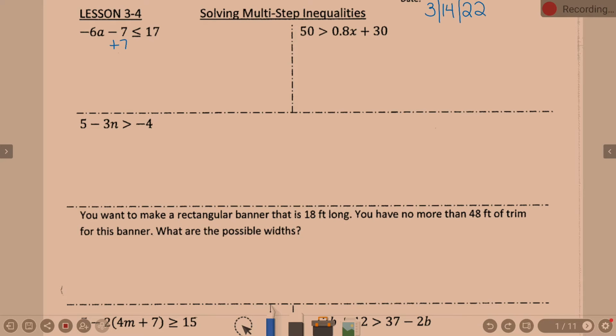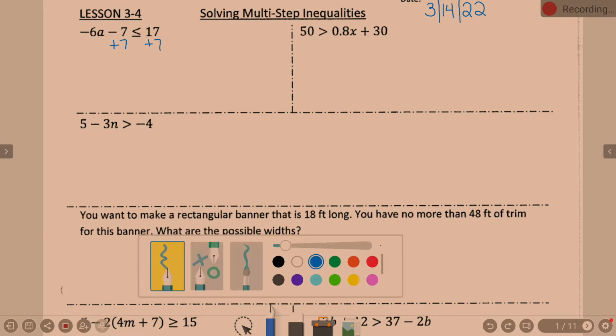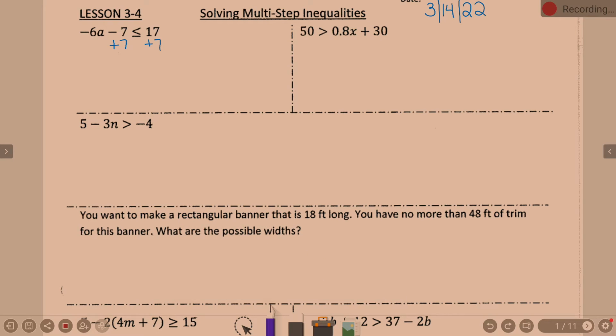If I add 7 on the left, we're going to add 7 on the right. The negative 6a we will carry down. Minus 7 plus 7 is 0. Carry this sign down. So less than or equal to, I'm just going to carry it down.